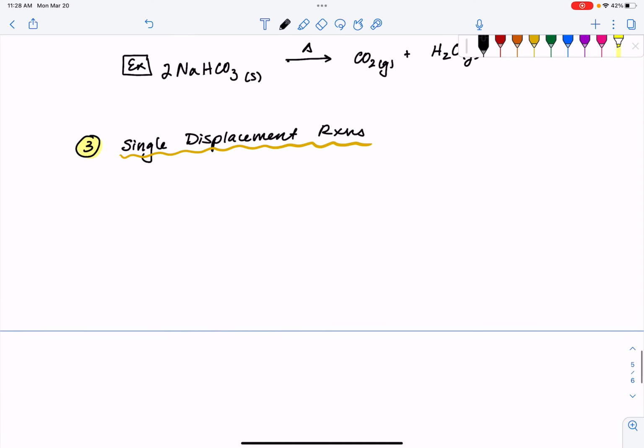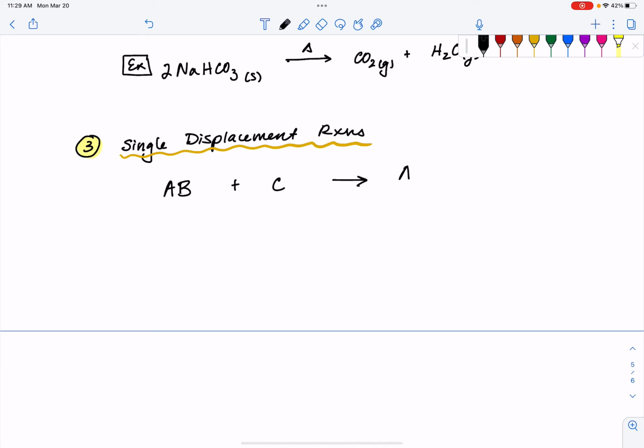I like to refer to this as the heartbreak reaction, where we have, let's say, component AB coming together with species C. If we're going to look at a single displacement, then we are going to look at one thing displacing one other thing.